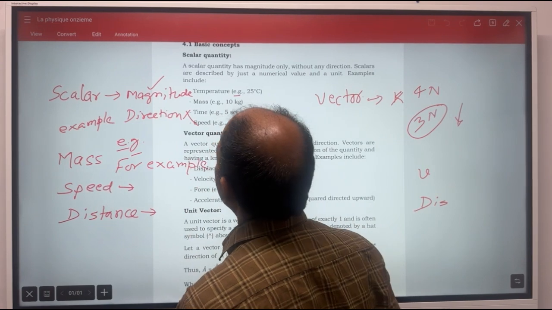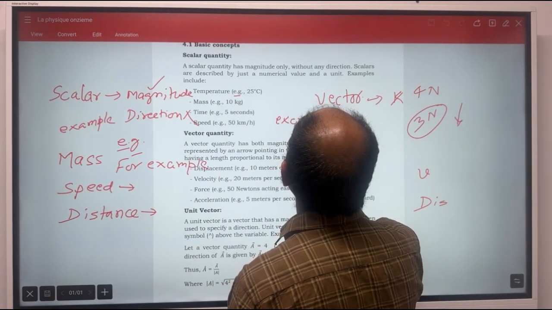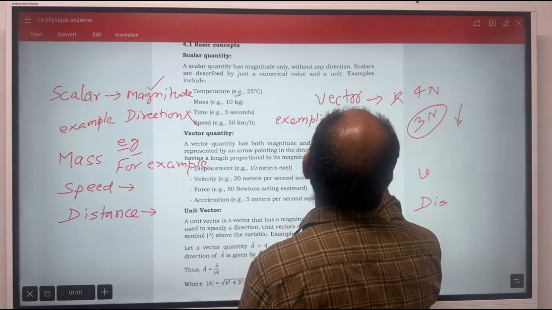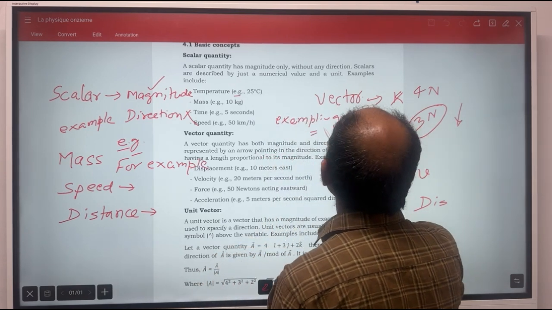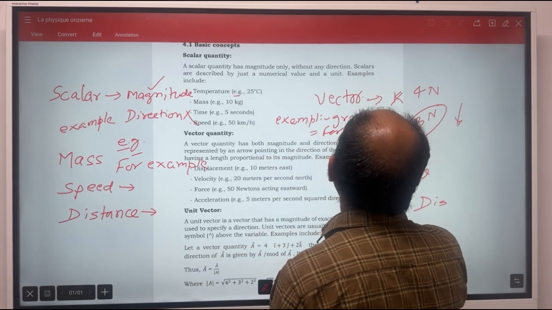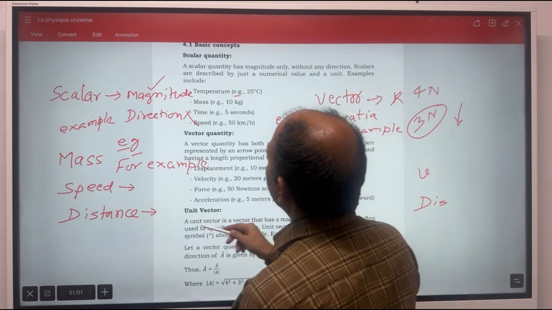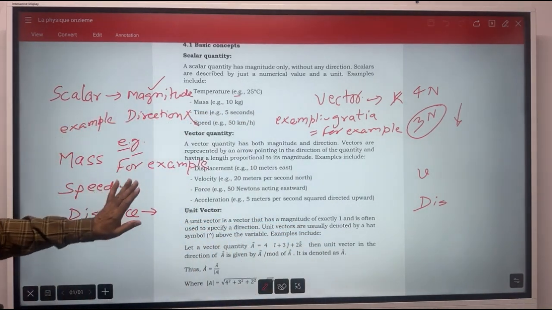This is the short form of the Latin words exempli gratia, which means for example. This is the English equivalent. So whenever we write e.g., it means we are using a Latin phrase.